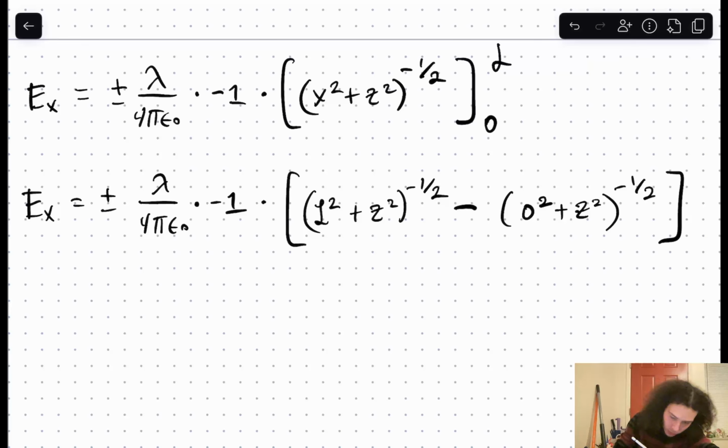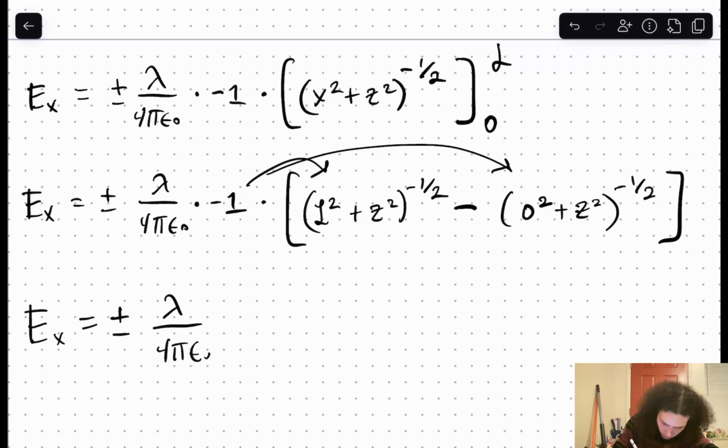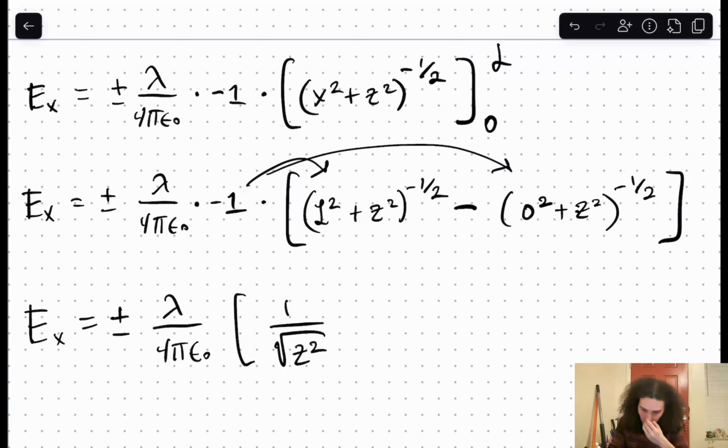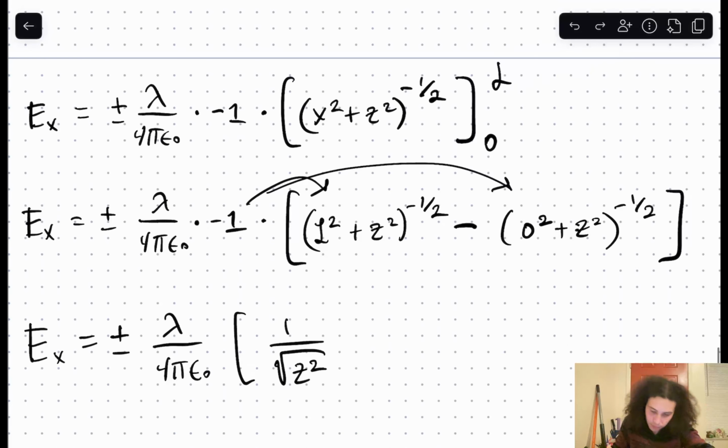And now I'm going to distribute this negative in there, just so that it's not awkward. Now we're going to have 1 over the square root of c squared. And this is a negative, so you bring it down, 1 over c squared to the power 1 over 2, but we know that to the power 1 over 2 is the square root, and negative times a negative becomes a positive, so that's why it's a positive here. Negative times a positive becomes a negative: 1 over square root of L squared plus z squared.